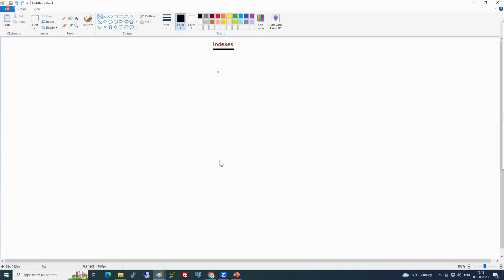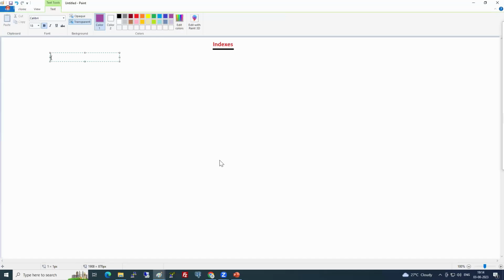These indexes will be created by the developers, because we don't know what to write and where to fetch. So in DynamoDB, there are two types of indexes. How many types? LSI and GSI. LSI is Local Secondary Index.